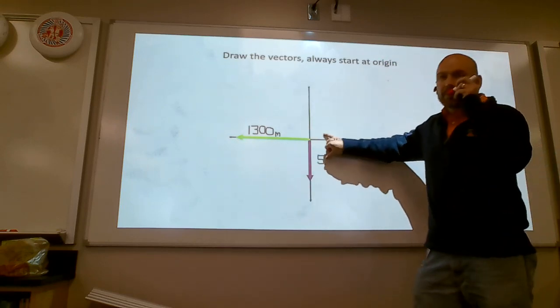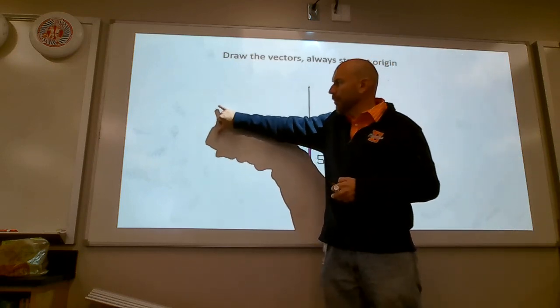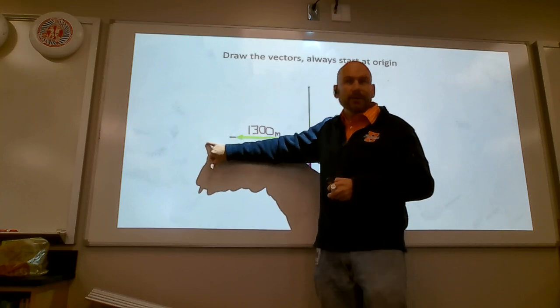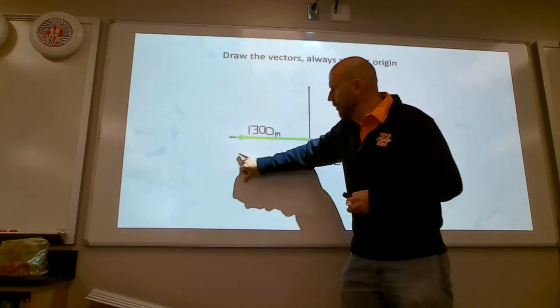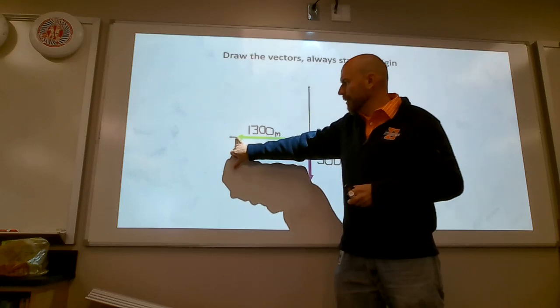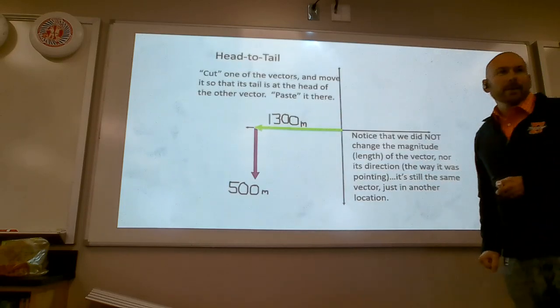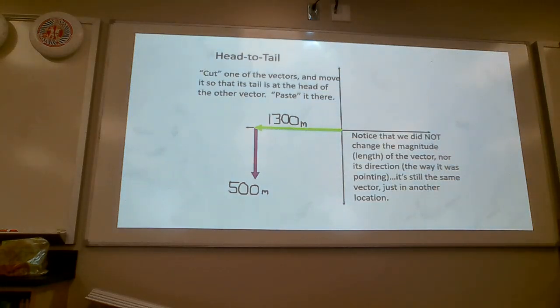I have freedom to move this anywhere and everywhere, so long as it's pointing in the same direction and the same magnitude. I'm going to put it down and paste it in a certain spot so that the tail is at the head of the green. Okay, and this is known as the head to tail method. Good with that.